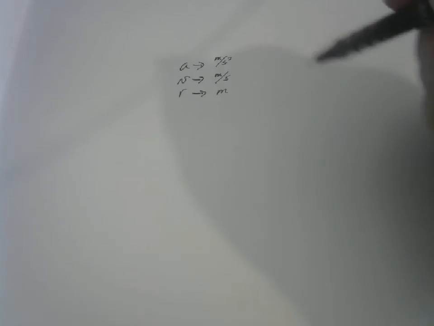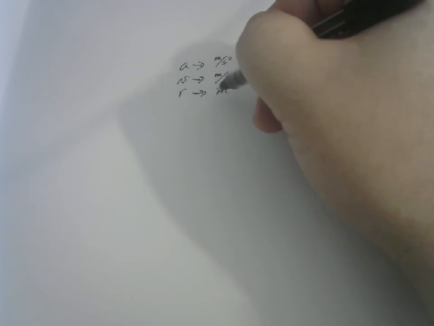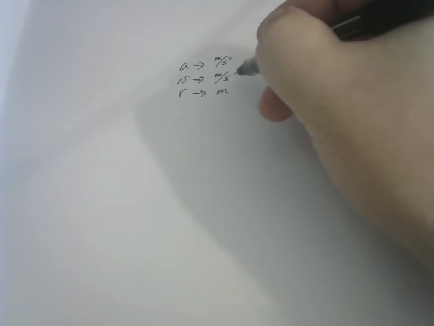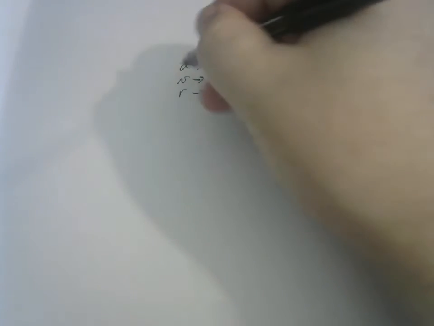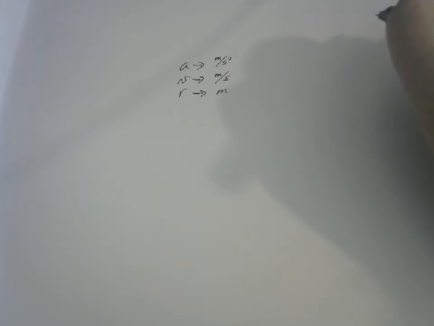Well, there's meters in all of them, but there's seconds in only 2. So we need to find some relationship between the a and the v to get the seconds right, and then use the r to correct it.